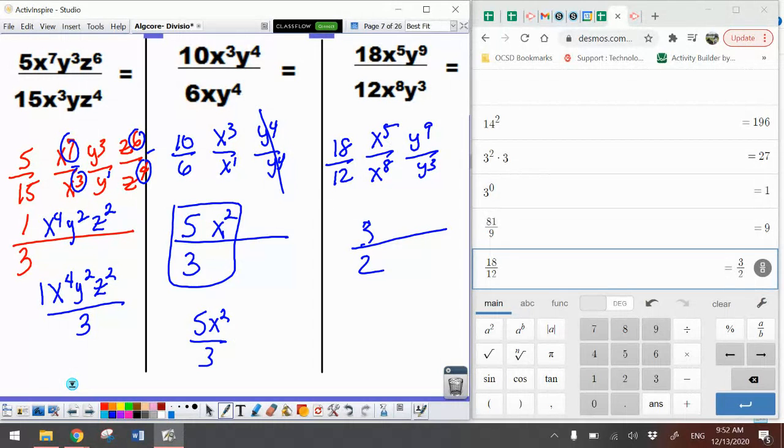Well, 8 minus 5 is 3, and I see the bigger numbers on the bottom, so these guys are going to go on the bottom. And 9 minus 3 gives me 6. That's on top. So my answer is 3y to the 6th over 2x cubed. Again, you have to locate those bigger numbers, the bigger powers, because that determines where the remaining variables should go.